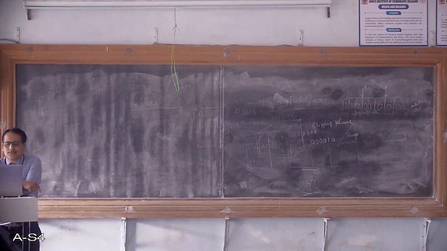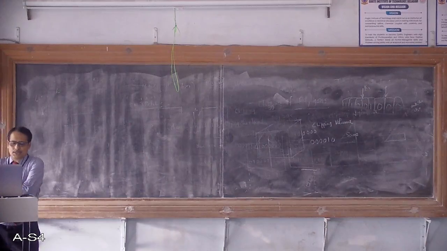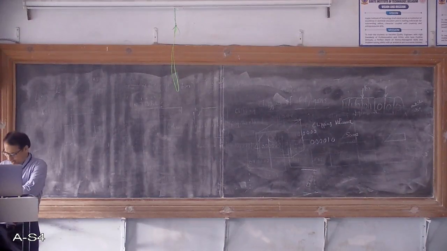Next we also learnt about a polygon clipping algorithm, the Sutherland-Hodgman polygon clipping algorithm. And finally we also saw how we can extend the clipping algorithms for three-dimensional objects. So that is the end of the chapter on clipping.